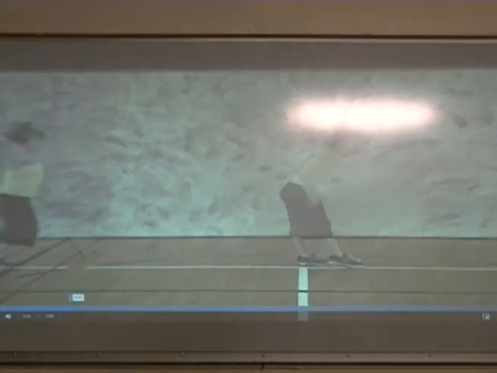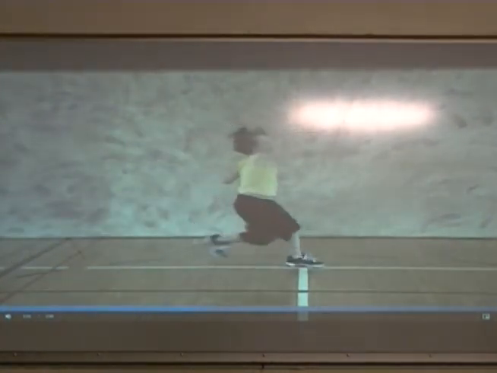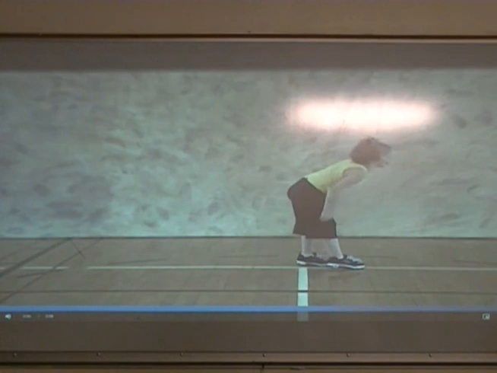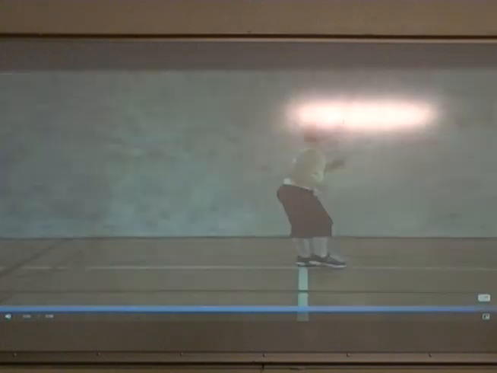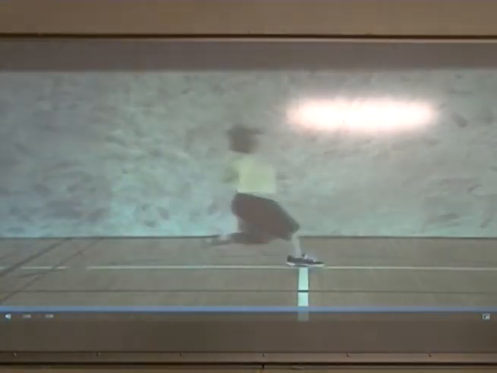What's important is what happens as she releases the ball. The last step is happening just because she ran in, and you can't just stop like that. Does that make sense?